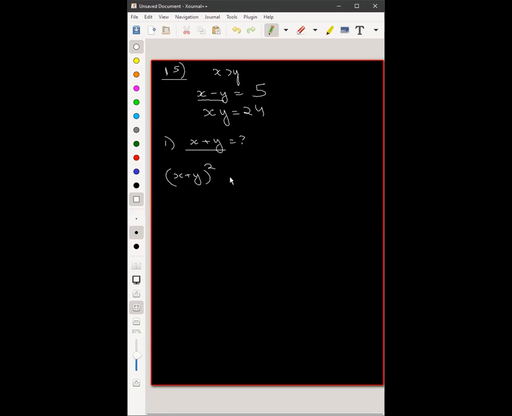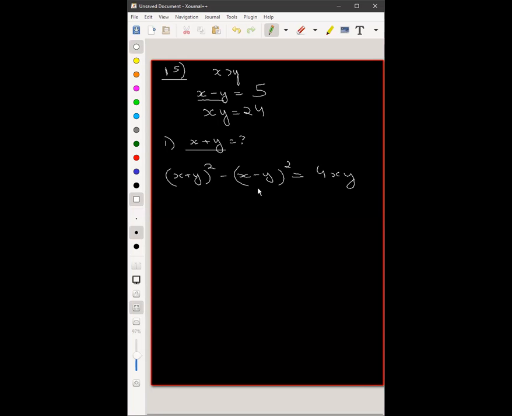Ishan, can you tell me the identity? It would be x plus y whole square minus x minus y whole square is equal to 4xy. Sarah, did you forget? There was an identity which related x plus y and x minus y. You need to remember this.